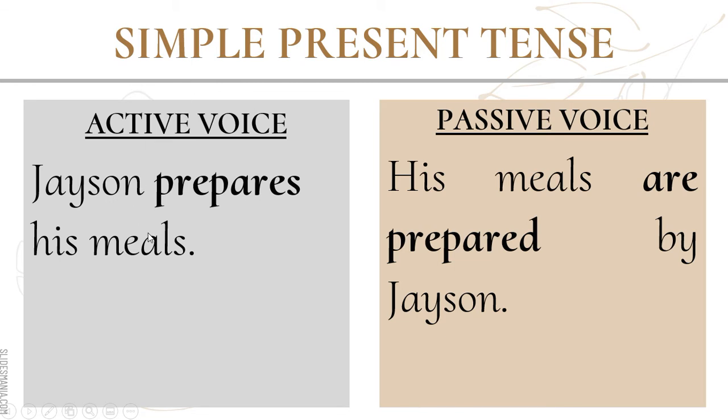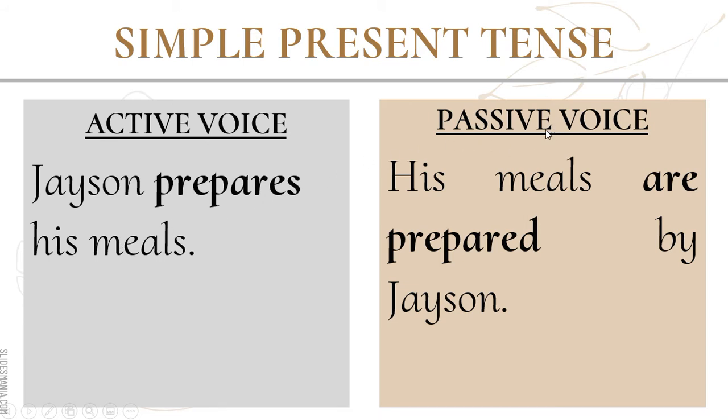Of course, it is in simple present tense. And we have here the receiver of the action, his meals. Right. Subject, Jason. Action, prepares, which is a verb in simple present tense, and then the receiver of the action, his meals.